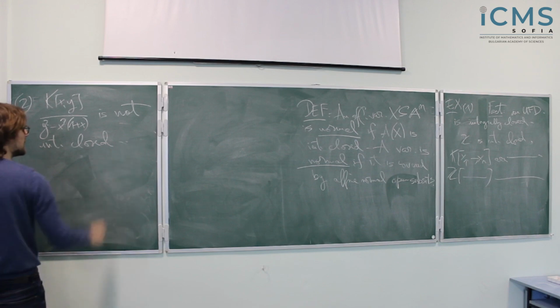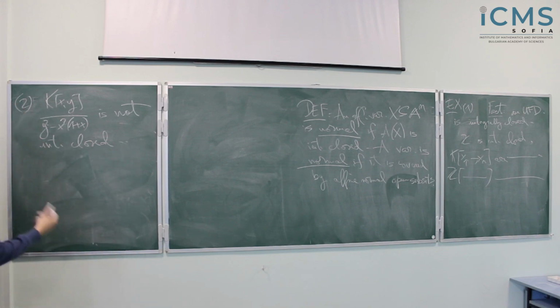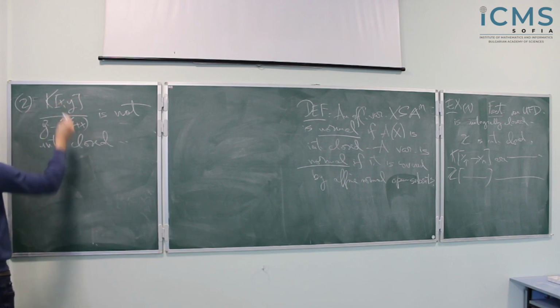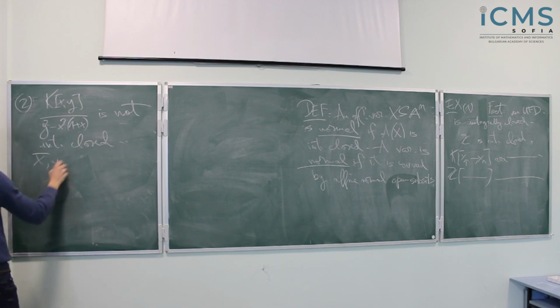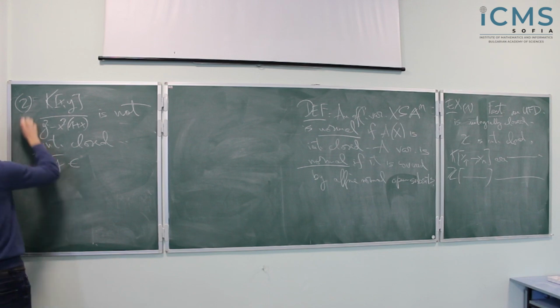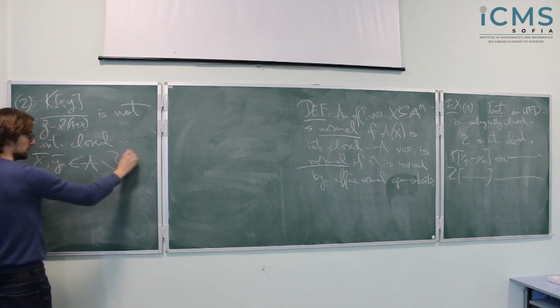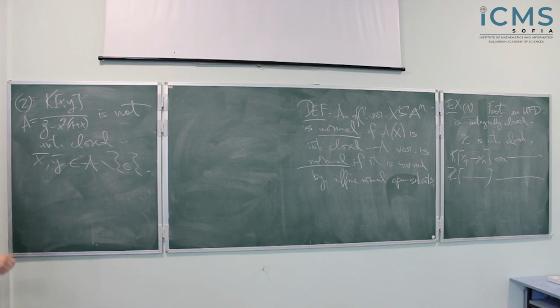To see that, it is a domain, since this is an irreducible element of a UFD. So the classes of x and y inside of this ring are non-zero, so I can consider their fraction.